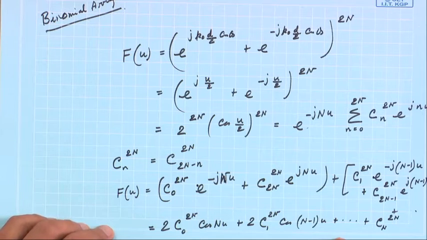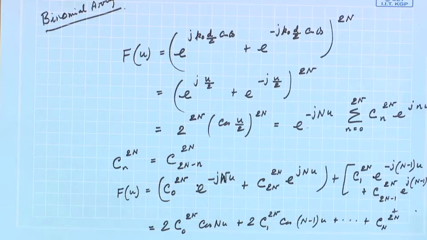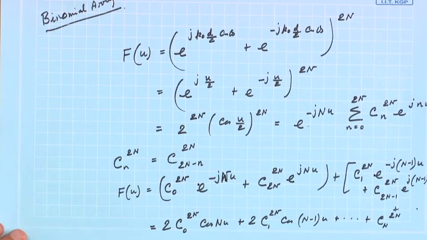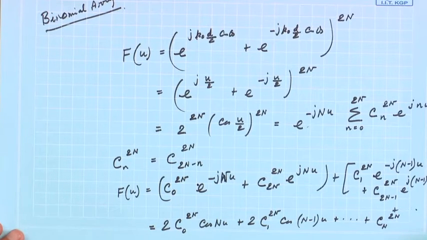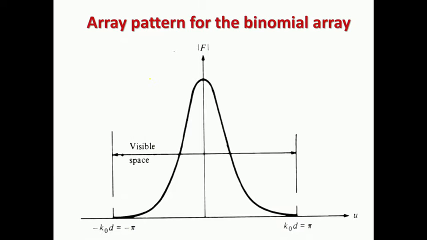So, you see again actually it is a sort of Fourier series, but the beauty of this is that if we choose like this, you see the pattern is like this.